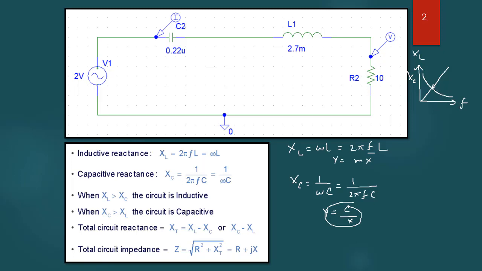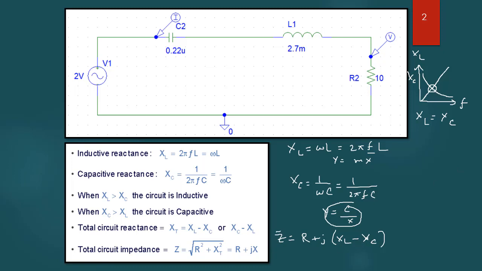Now, look at this specific point. At this specific point, the magnitude of XL and the magnitude of XC are equal. If we express the whole impedance of this circuit, it will look like this: R plus j into XL minus XC. As you are already familiar with the phasor form of voltage, current and impedance, you should know that the impedance of a simple RLC series circuit is Z equal to R plus j into XL minus XC in phasor form, obviously.